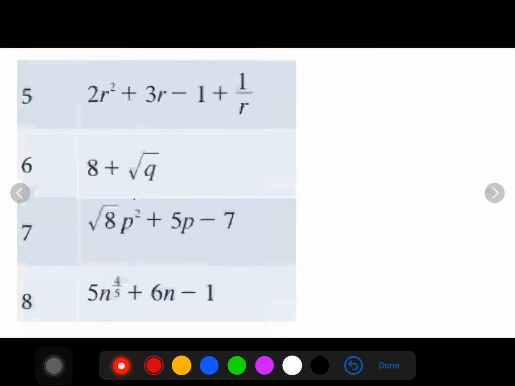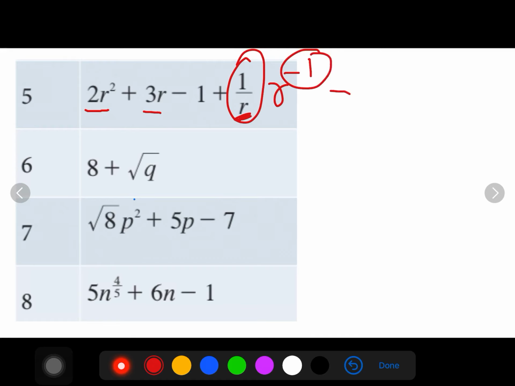Now look at this example: 2r square plus 3r minus 1 plus 1 by r. What is this 1 by r? This r is a variable, but how will you write 1 by r? Won't you write it as r power minus 1? Yes. Now look at the power here, it's a negative power, therefore it is not a polynomial.